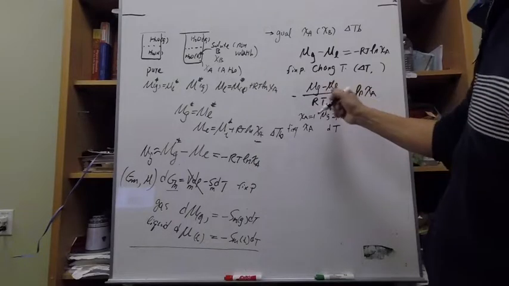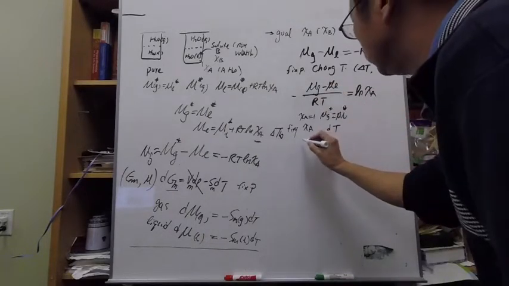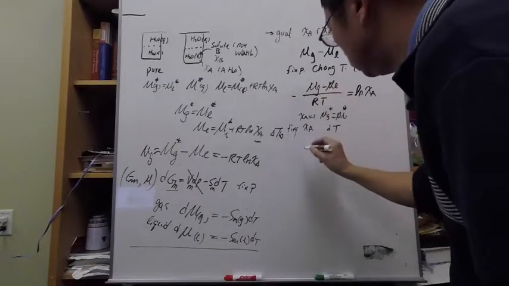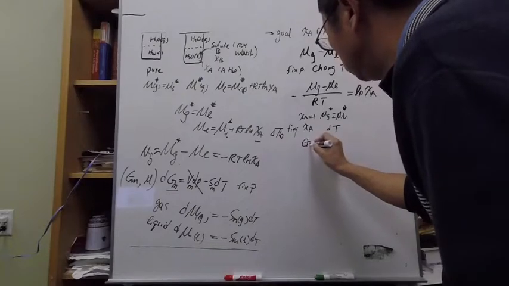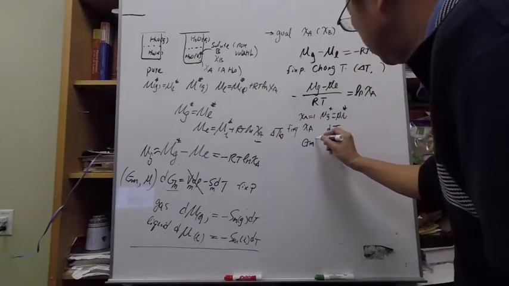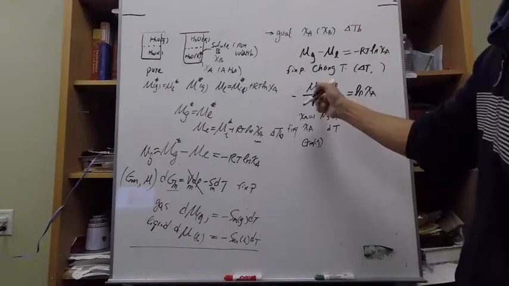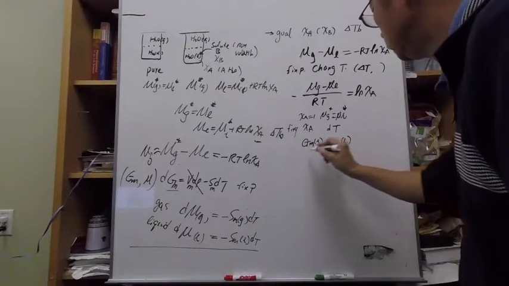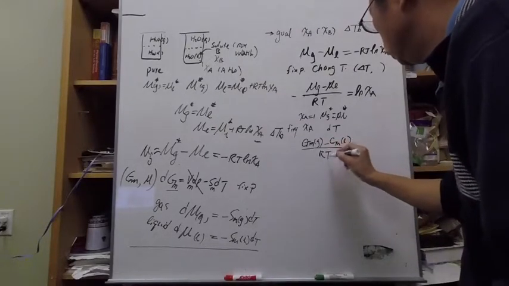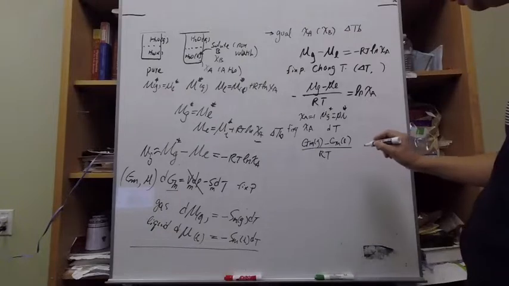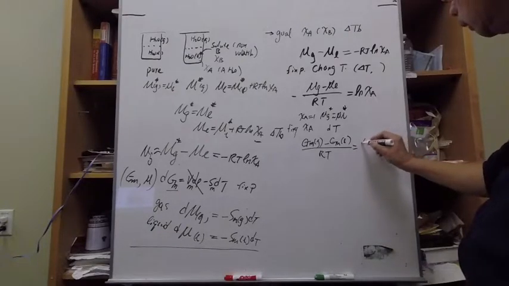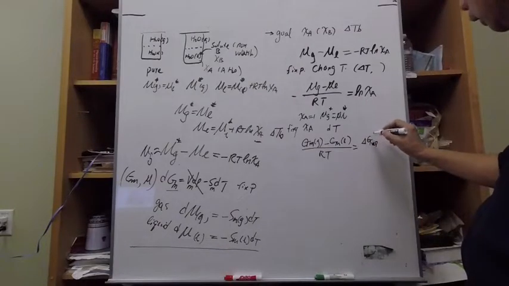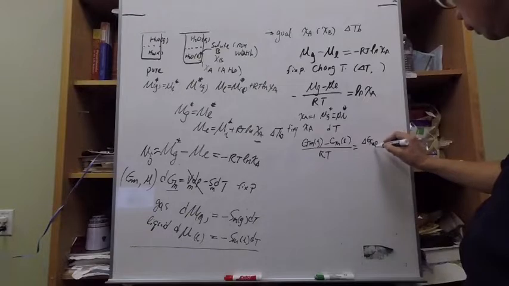If you look very carefully, this may be confusing to you, but if I rewrite the G molar of the gas, which is actually the chemical potential, and the G molar of the liquid, you might realize this is something much easier to recognize, because this is just delta G vaporization, except it's molar.